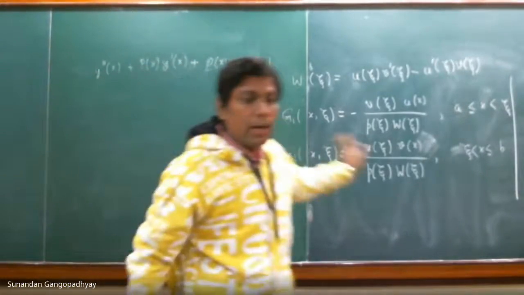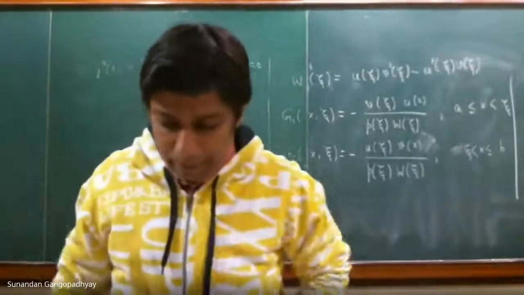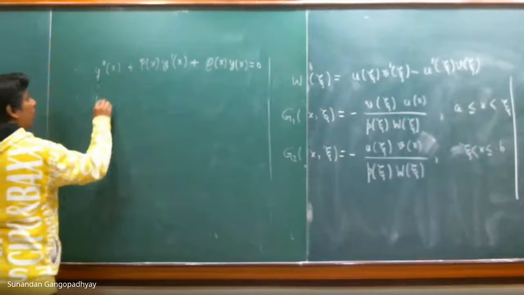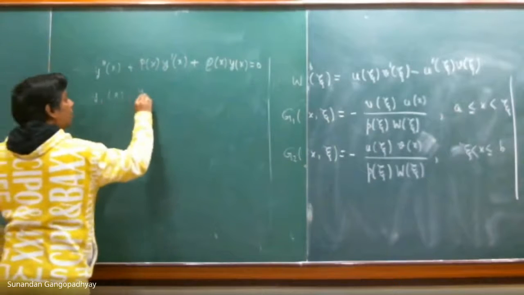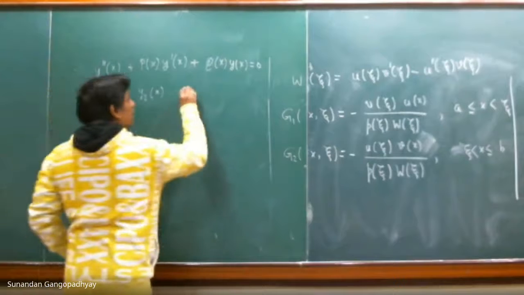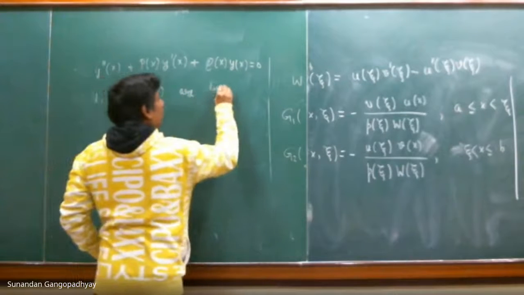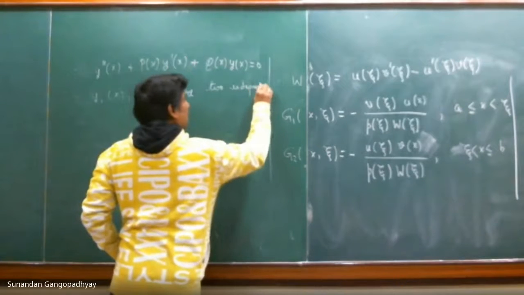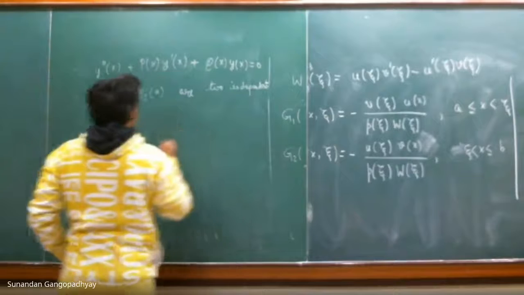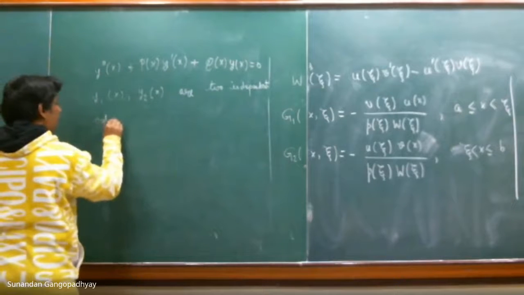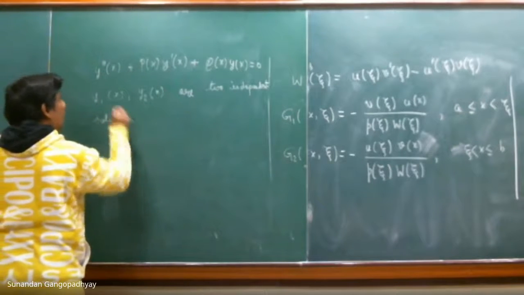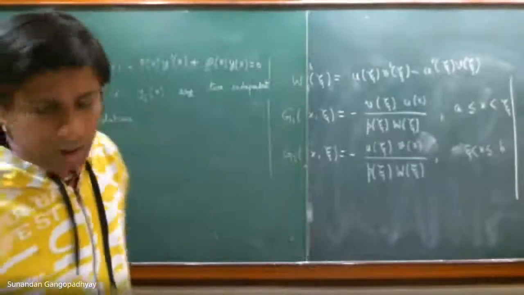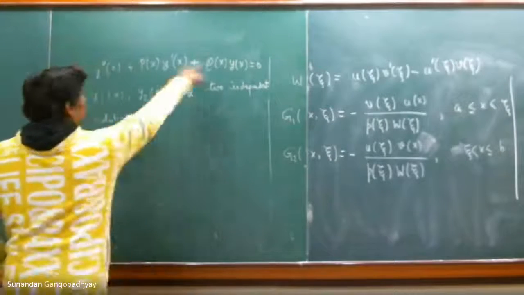You will understand why I am doing this in a moment. So let us look at this differential equation, and let us say that y1x and y2x are two independent solutions of this differential equation. Okay?